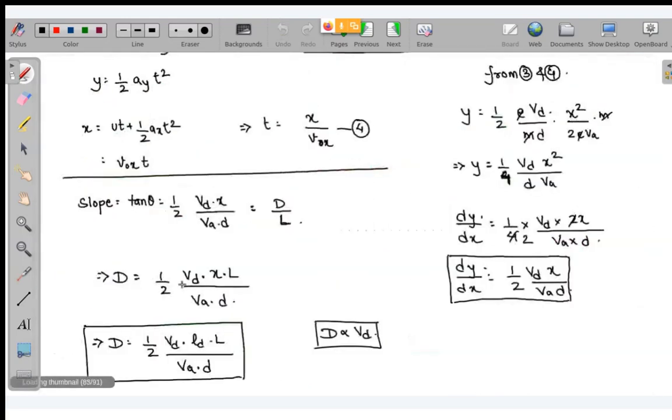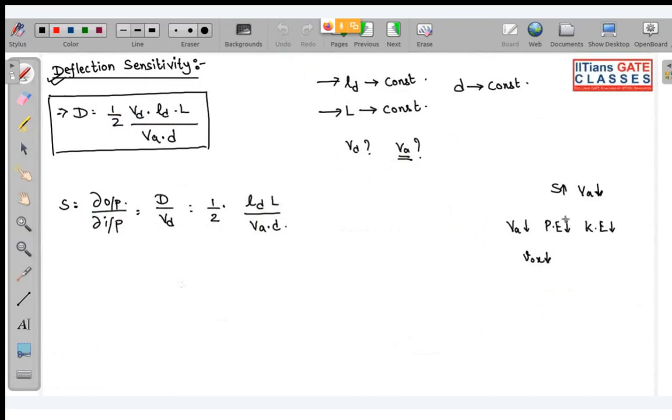So the moment I decrease VA, these effects take place, due to which the velocity with which the electron strikes the screen will be less, and the brightness of the spot or signal will decrease. Tell me, is it clear or not?